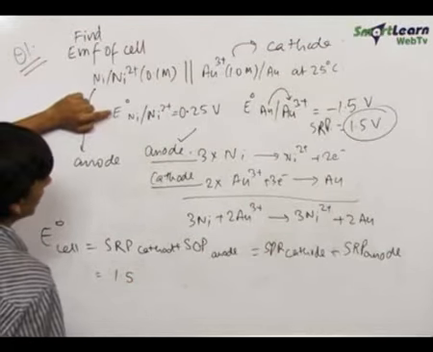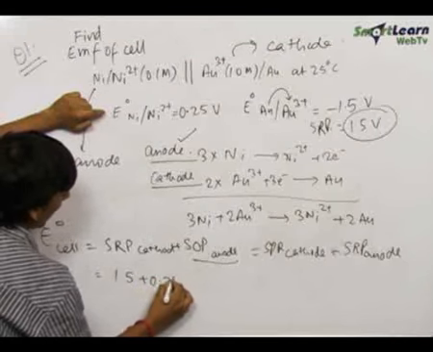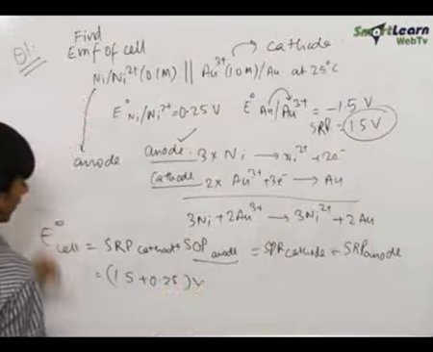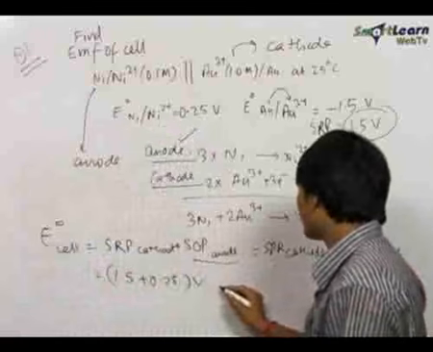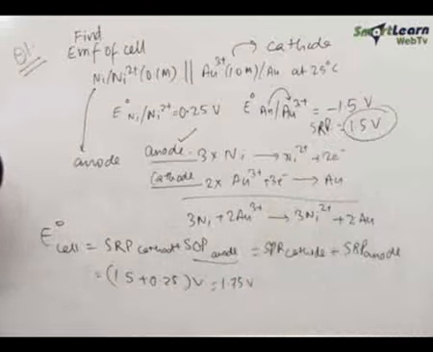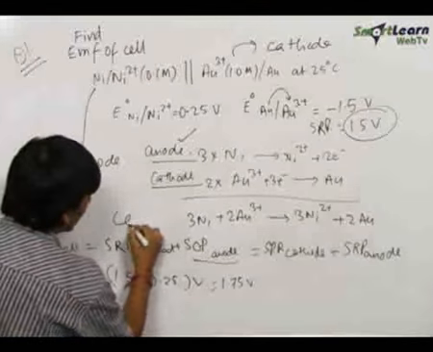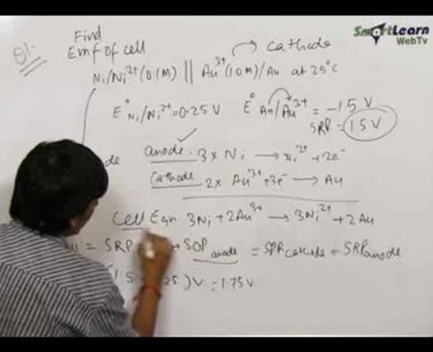And similarly for this one, we can add SOP of anode, which is clearly given to be 0.25. Therefore we add 0.25 volts. Therefore we get our E naught cell as 1.75 volts. Therefore now we have the standard potential for our cell, and our cell equation is this.